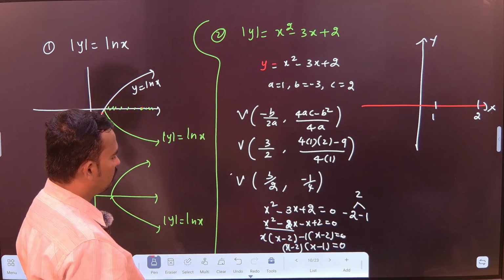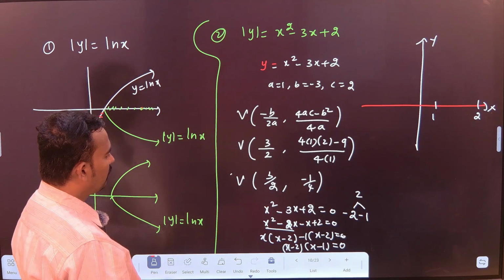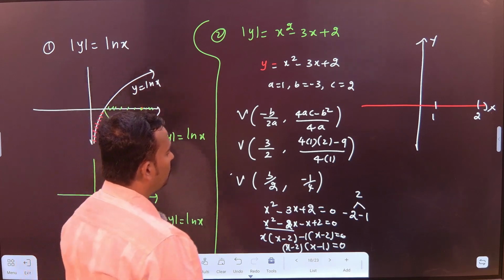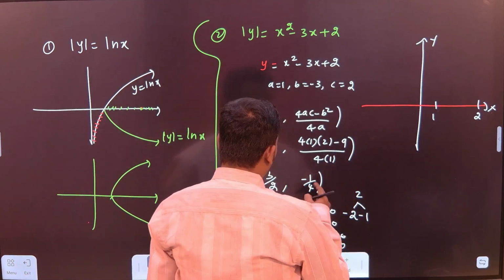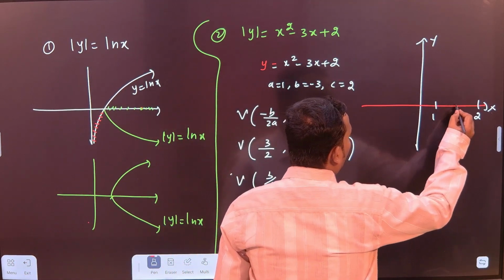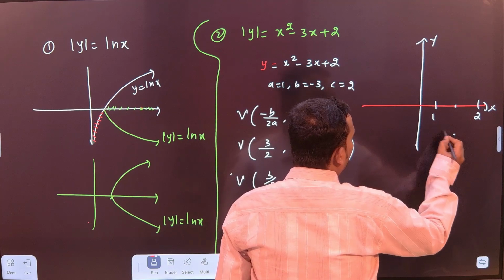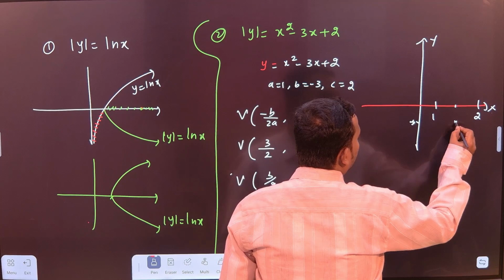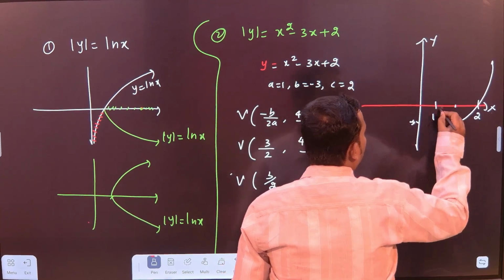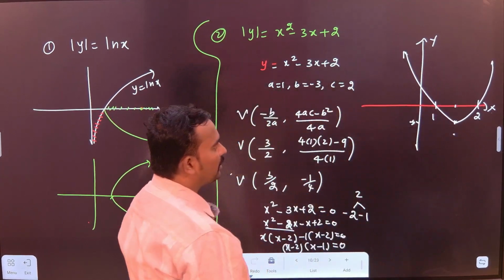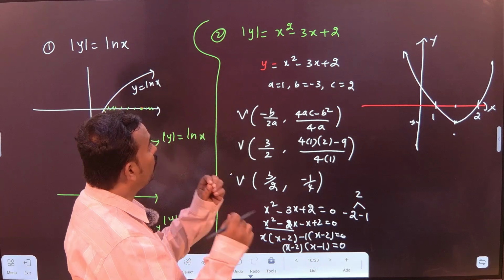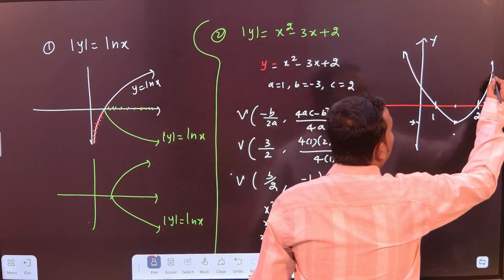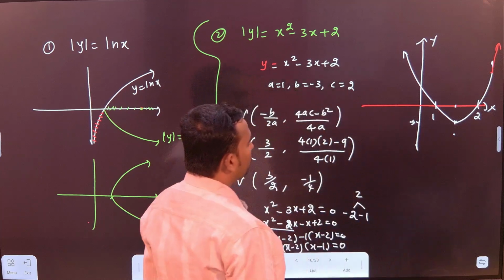Where is 3 by 2 comma minus 1 by 4? 3 by 2 is 1.5 here, and minus 1 by 4 let us take at this point, right? This is the graph of y is equal to x square minus 3x plus 2. The graph will be going like this.